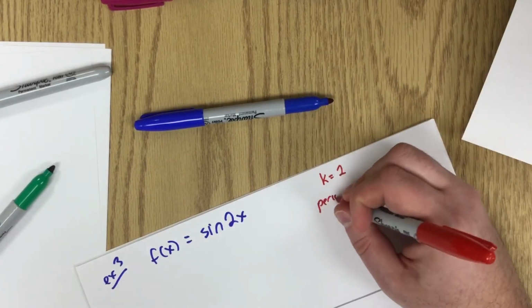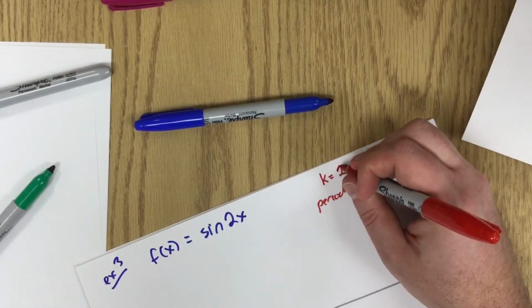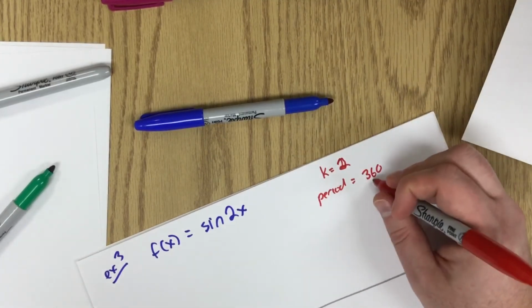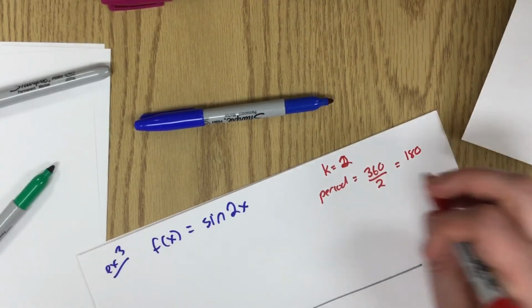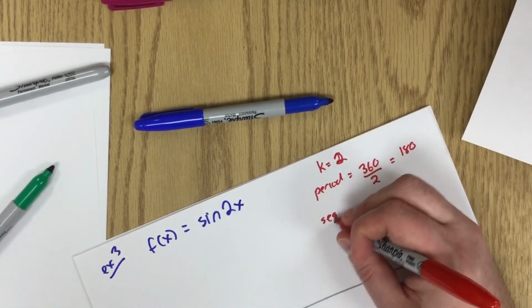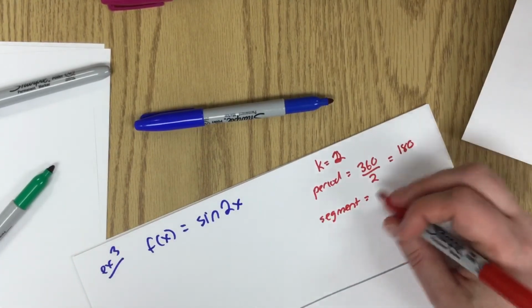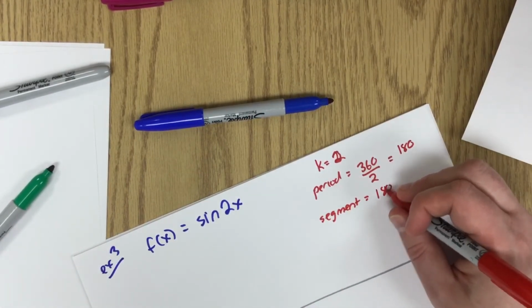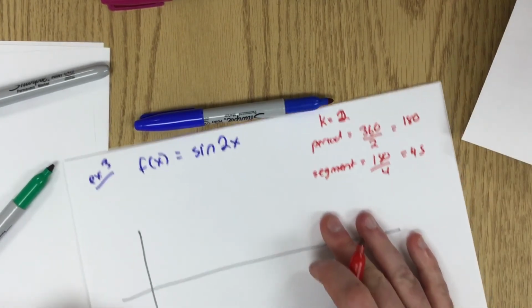The period is 360 divided by 2, which is 180. We need to figure out what a segment is, and the segment is the period divided by 4, which is 45.